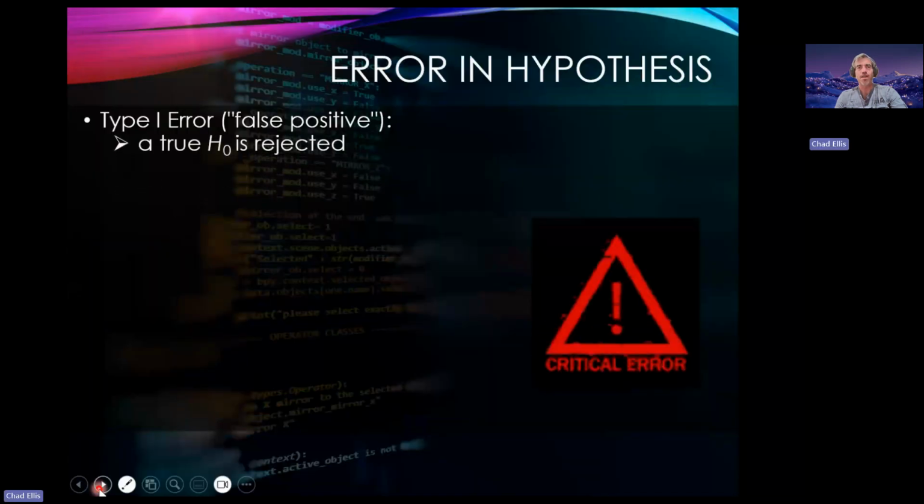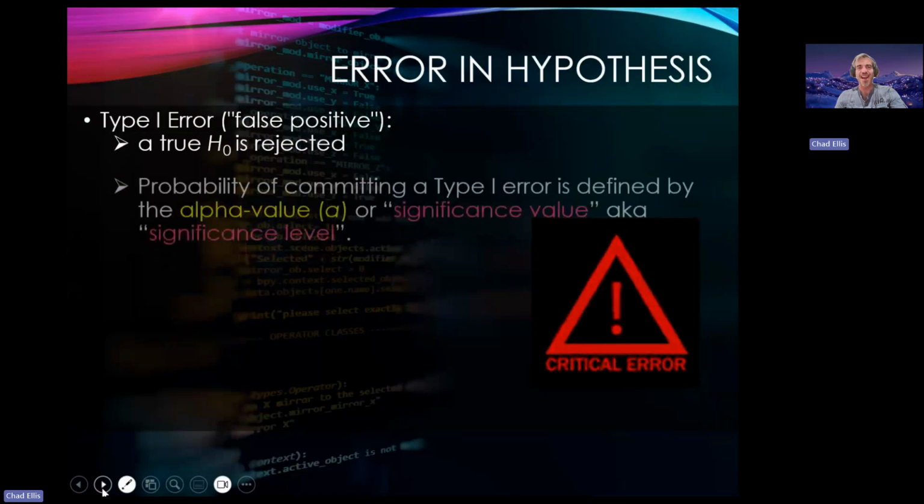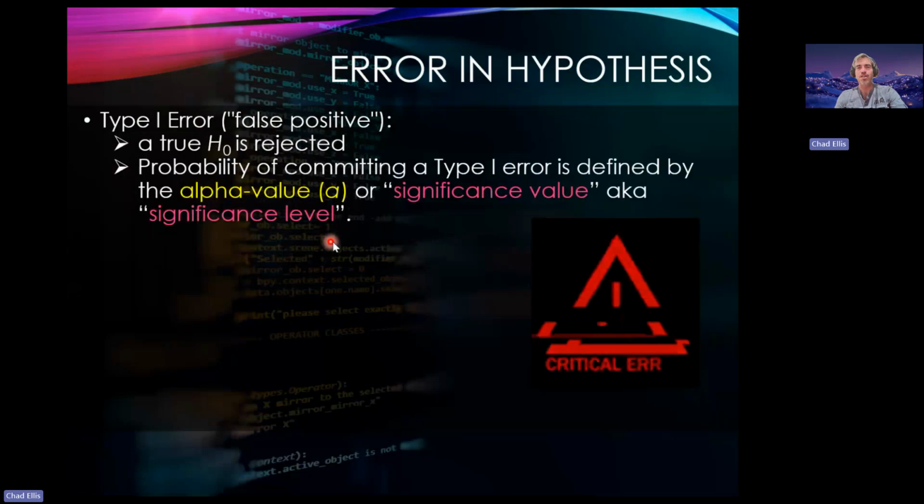So with our type 1 error, false positive, we have a true null hypothesis, but we reject it anyways in error. And how we determine the probability that we're going to commit a type 1 error or a false positive by our hypothesis testing is by that alpha level, or our significance value or level.